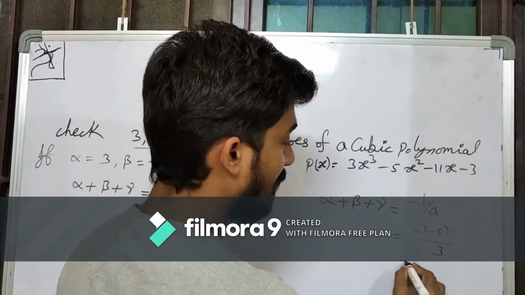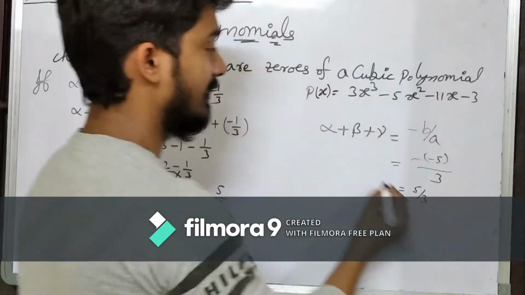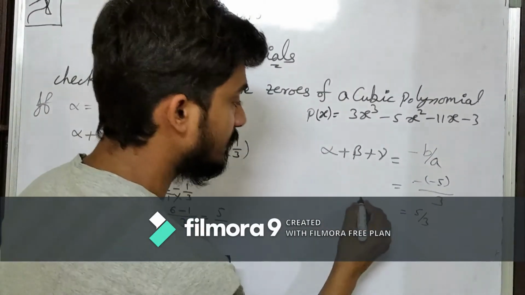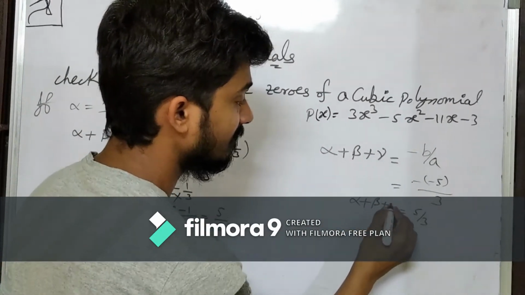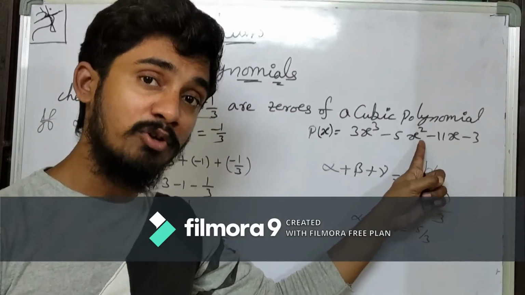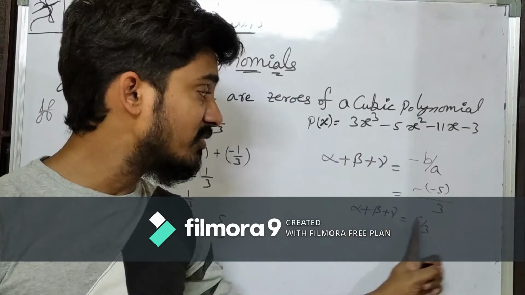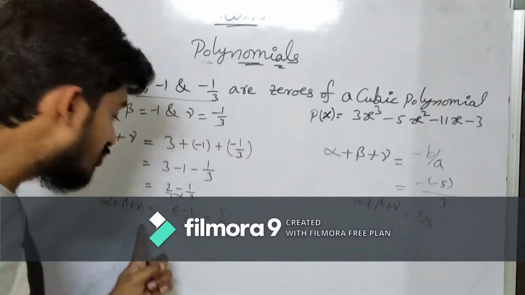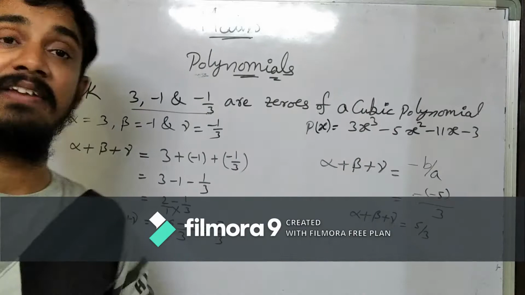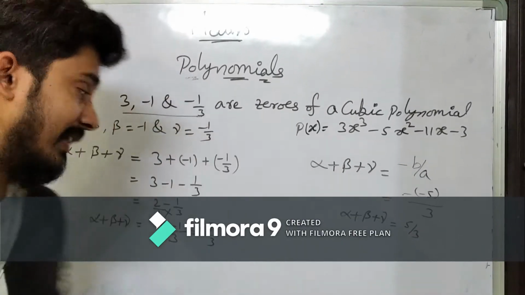Minus into minus is plus, so 5 by 3. By using the equation of the cubic polynomial, the sum of the zeros equals 5 by 3. By using the zeros, the sum of the zeros is also 5 by 3. So this one is verified. Next one.